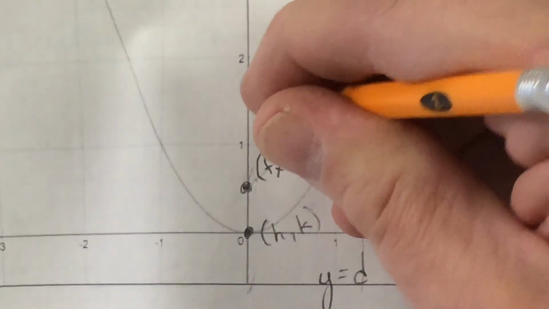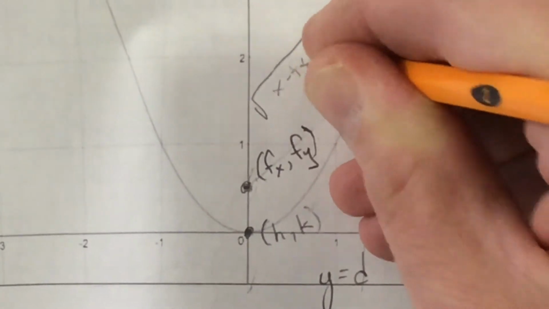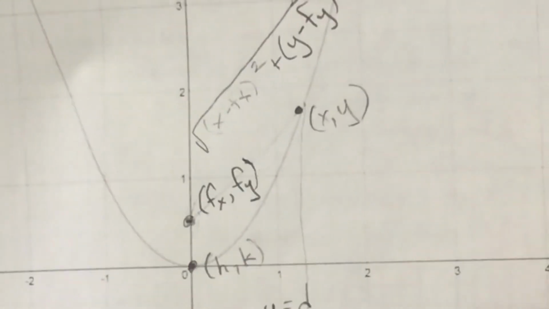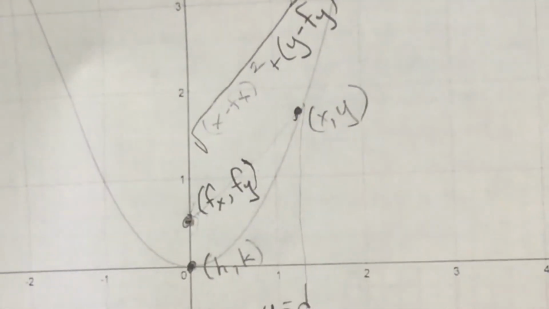Well, this distance is going to be the square root of x minus fx squared plus y minus fy squared. Okay? That's this distance right here, from here to here.